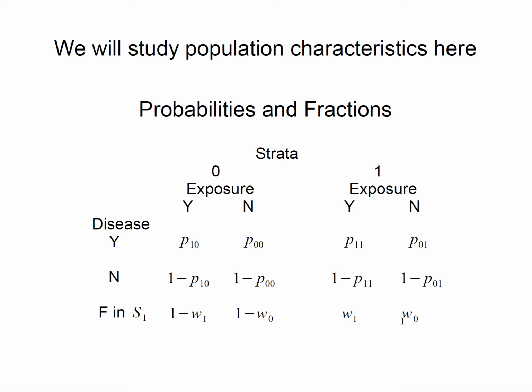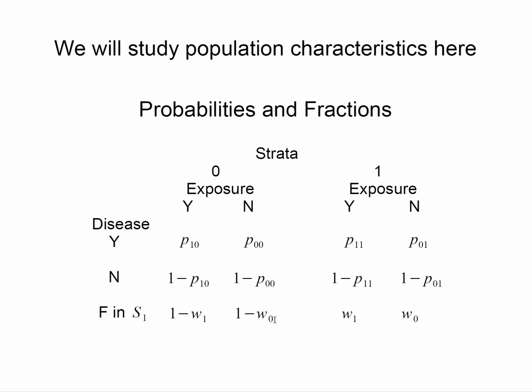We are considering the population of individuals that are not exposed, and what fraction of those are in strata 1, and then since we're in this very simple scenario, the remaining 1 minus W sub 0 are those in strata 0.